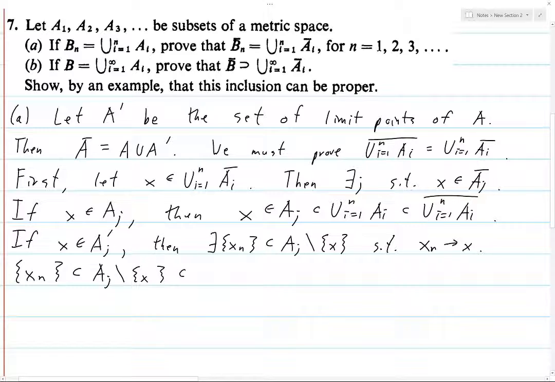But A_j is contained in the union of the A_i's, so this is contained in the union from i equals 1 to n of A_i, and again we're still removing x from the set. So x_n is a sequence of elements in this union not being equal to x, such that the sequence converges to x.